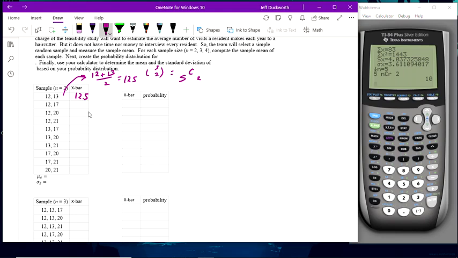So all we're doing is finding the mean of each of these different pairs. These two add up to 29, so this is going to be 14.5. These two add up to 32, so this is going to be 16, and so forth. Just writing what I have down here now. Should be a decimal there.